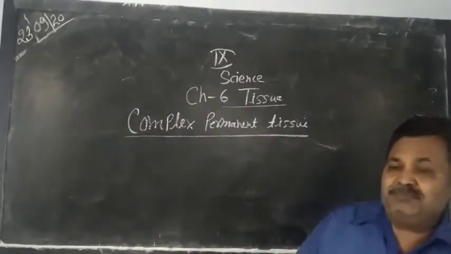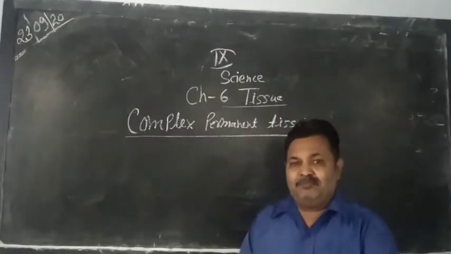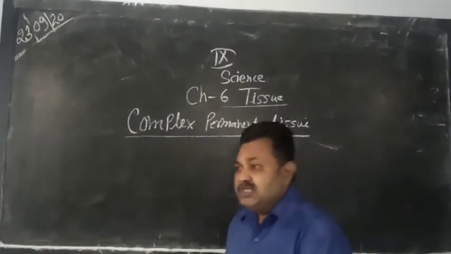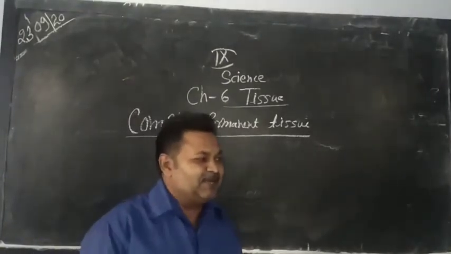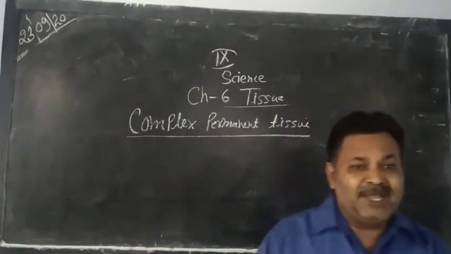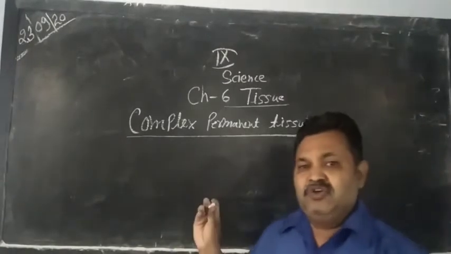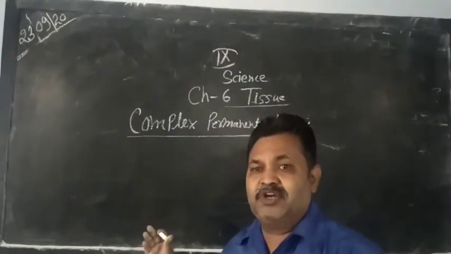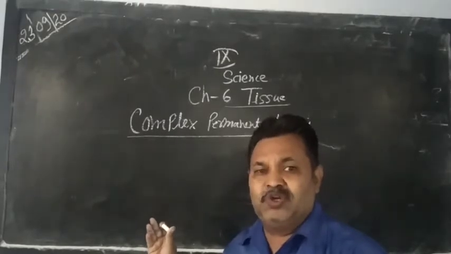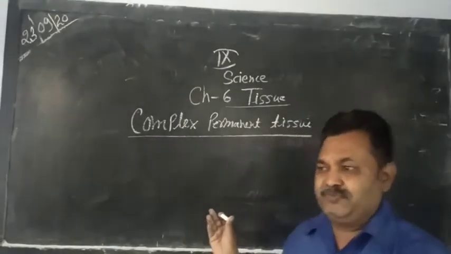Simple permanent tissue and complex tissues. For example, we have discussed meristematic tissues. Meristematic tissues are found in the tip region of root or shoot. It is also known as growth tissues.